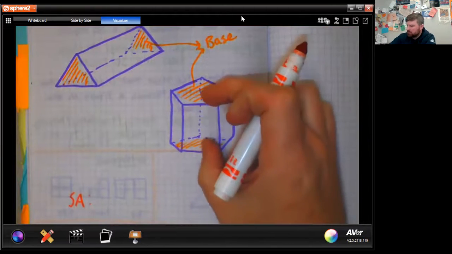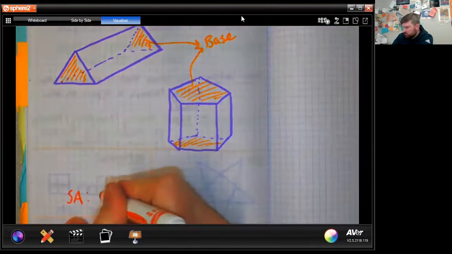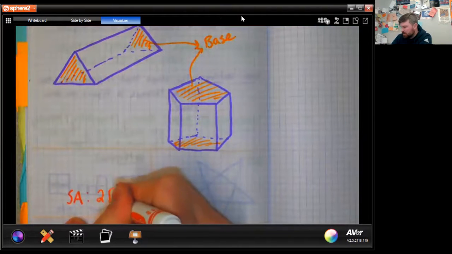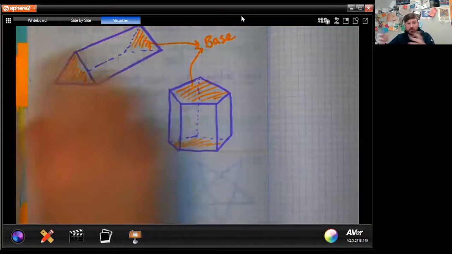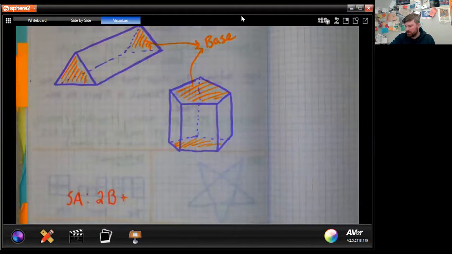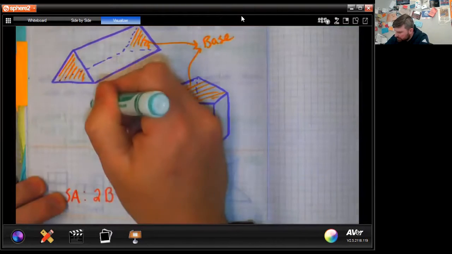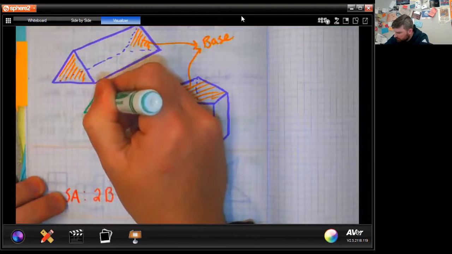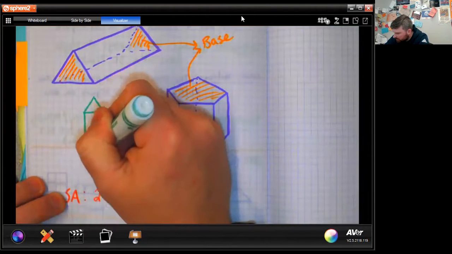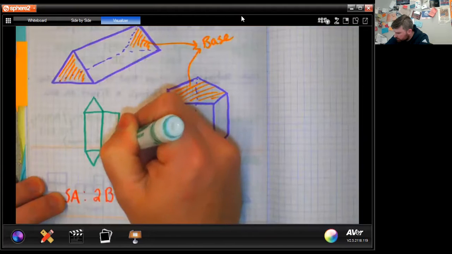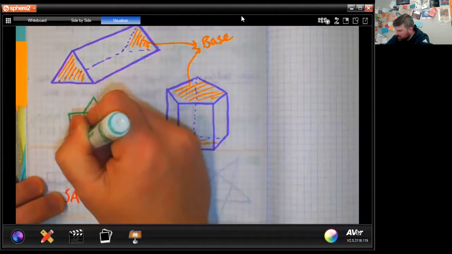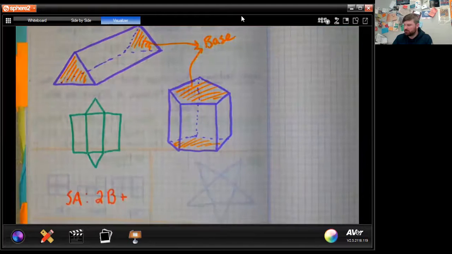You may notice I have 2 bases, so we're going to take 2 times the area of the base, which we label as capital B, plus, now if I take this thing and draw the net of one of these, we have two triangles and a rectangle in between them. It's something like this. So this would fold up into this shape.